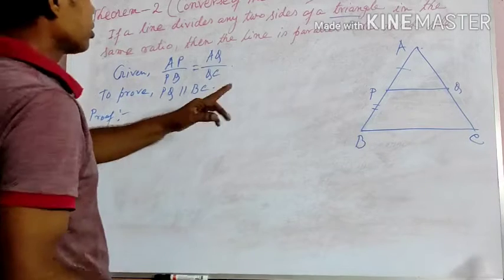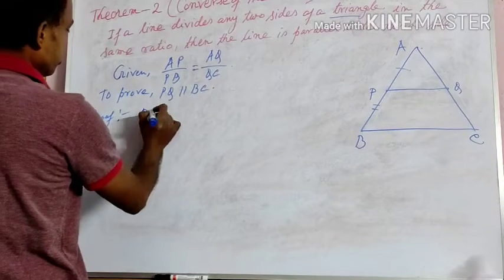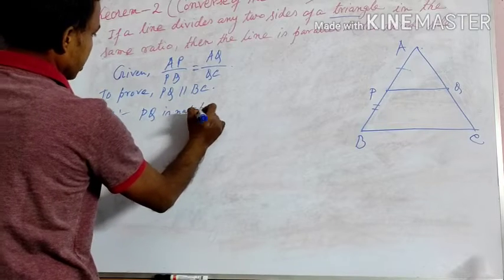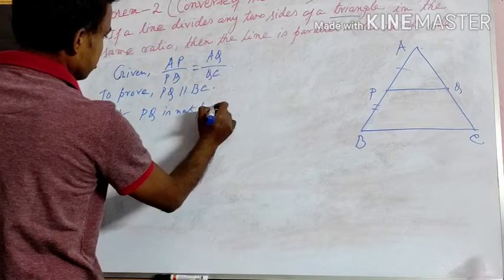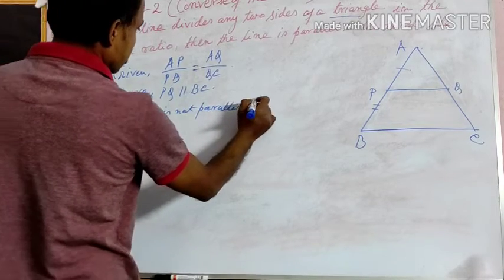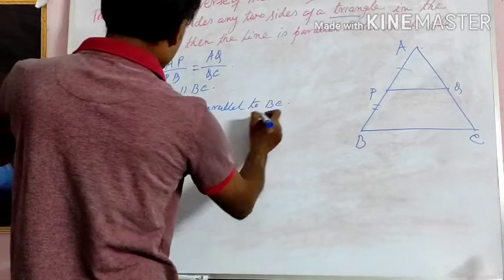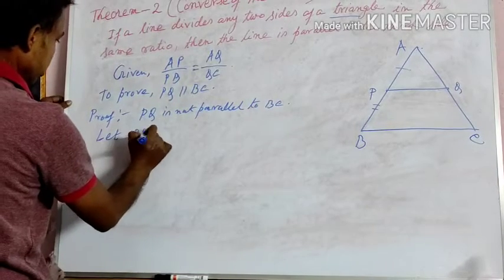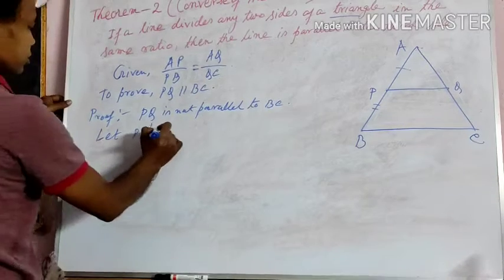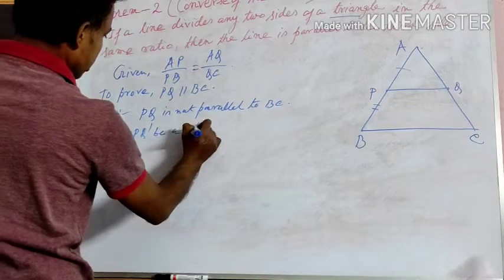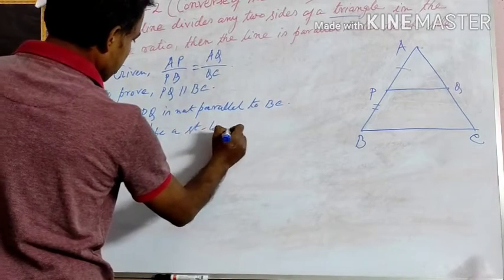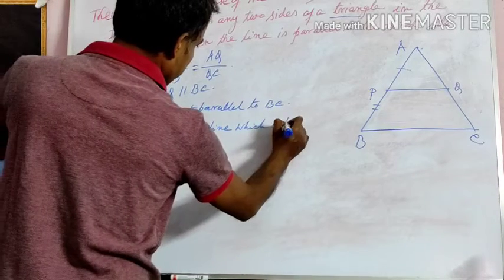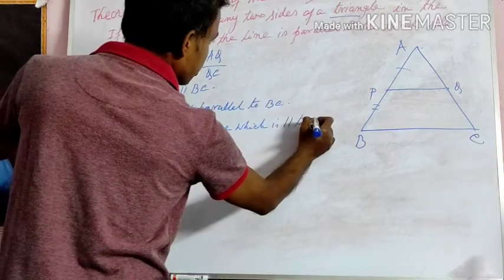Suppose PQ is not parallel to BC. Let PQ dash be a straight line which is parallel to BC.